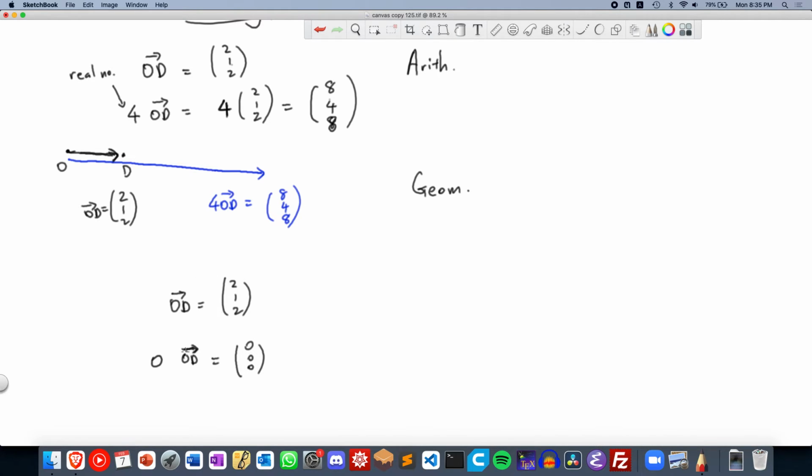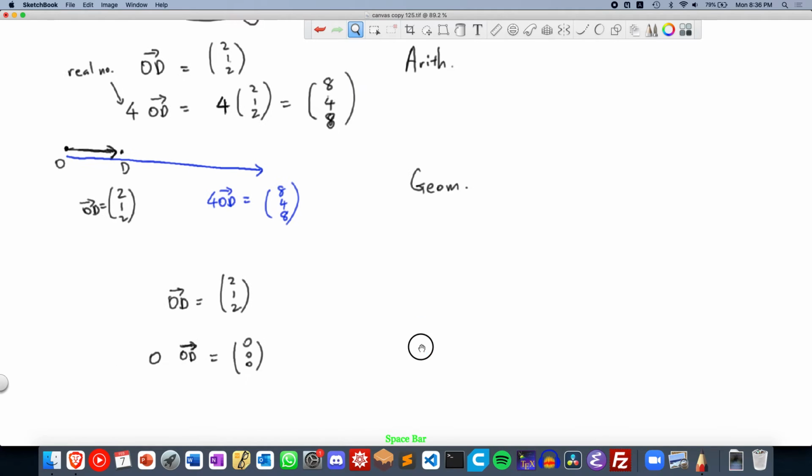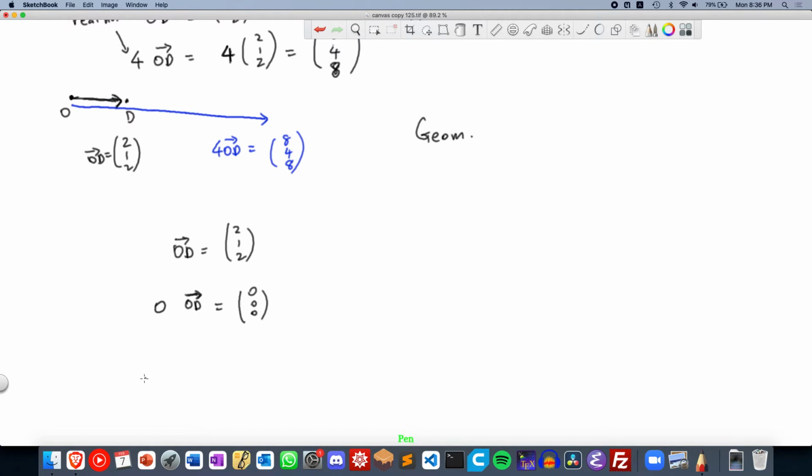So you can see that by scaling it by the real number 0, I have reduced the vector of any possible length into a zero vector, which is a vector of zero length, which is just a point. It's just the origin. And likewise, I can also scale a vector by a negative number. So let's say I have minus 1 times OD, then I'll get (-2, -1, -2).